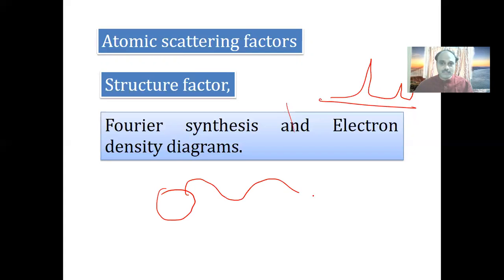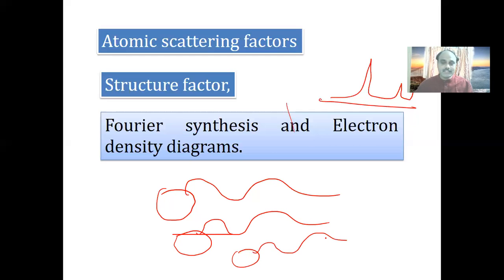See, this is a wave scattered by one type of atom. This is another wave scattered by another atom. This is a wave scattered by another atom. These waves may undergo interference among themselves, and how to separate these waves scattered from atom A, from atom B, or from atom C? That is what a mathematical method called Fourier synthesis or analysis does, and thereby we can draw an electron density diagram.